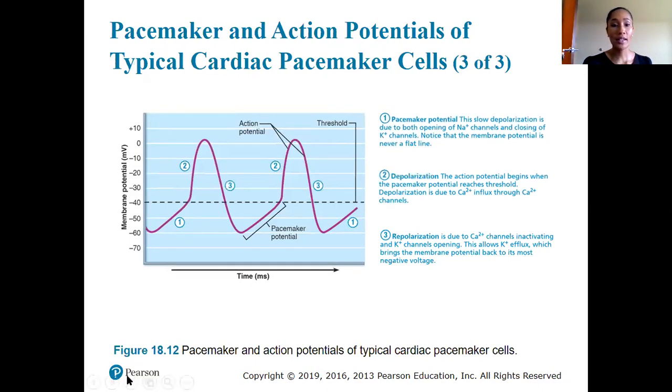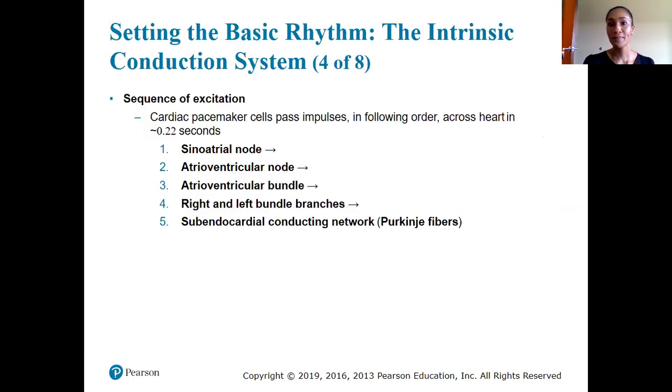The depolarization, which is going to be this rise that we see right here, is going to occur when the action potential begins, when the pacemaker potential reaches threshold, and depolarization is due to calcium influx into the cell through the calcium channels. And then phase 3, repolarization, which we find right here, is going to be due to calcium channels inactivating and potassium channels opening up. And this allows for a potassium efflux, which brings the membrane potential back to its most negative voltage.